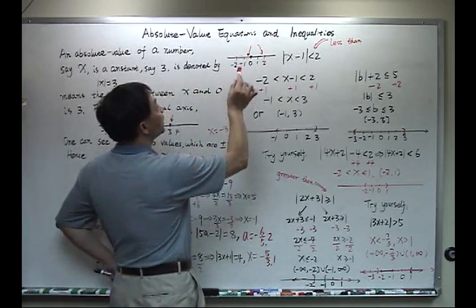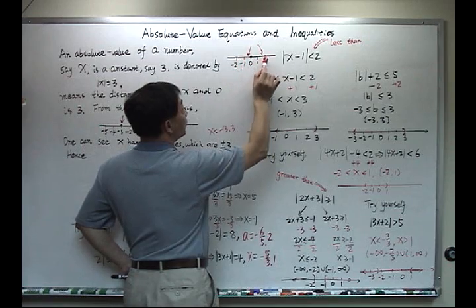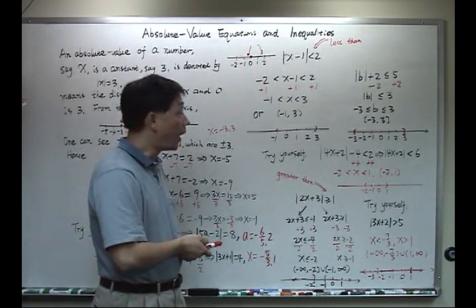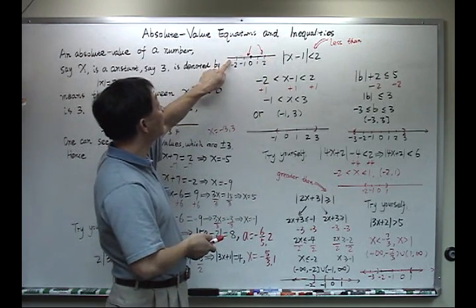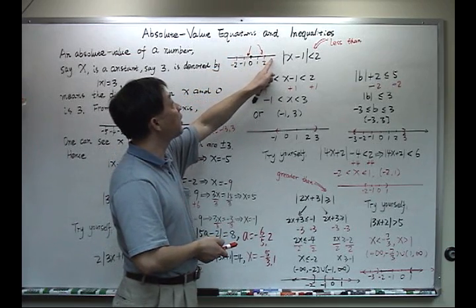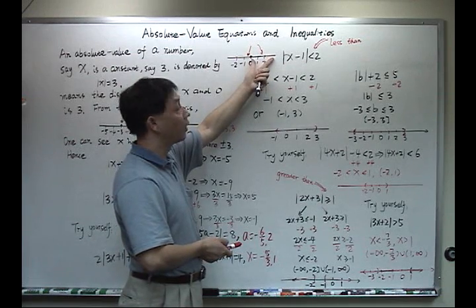So all the points must be from this point, negative 2, to this point, positive 2. If there were a point right here or outside of -2, then the distance between 0 and some point right here would be greater than 2. Okay?